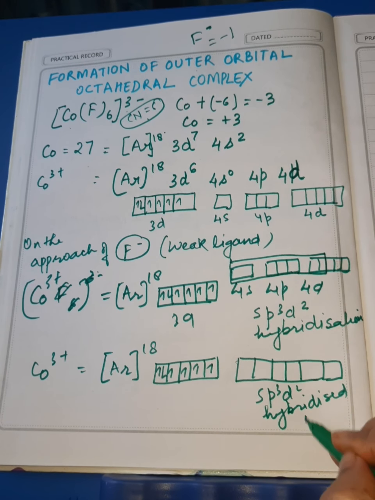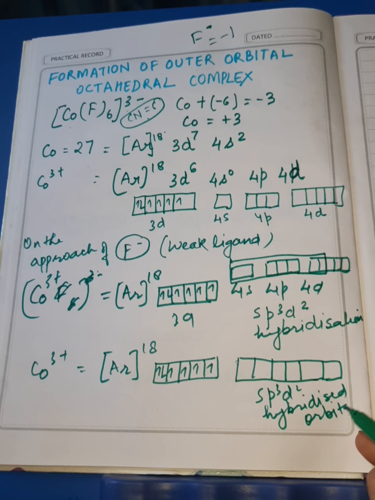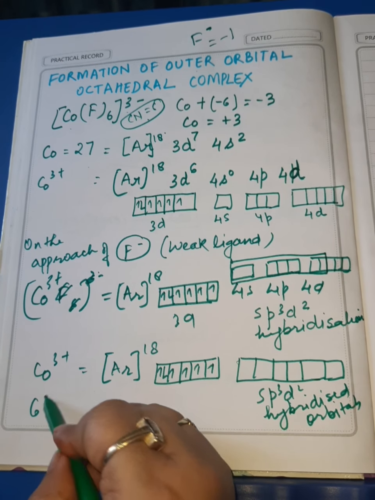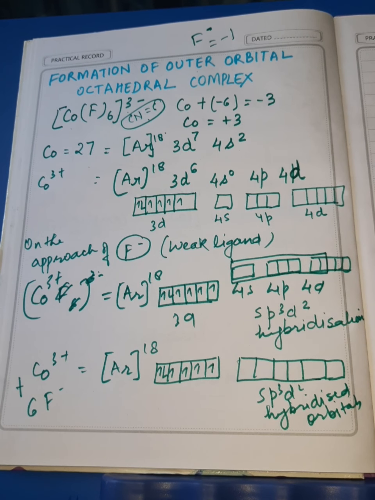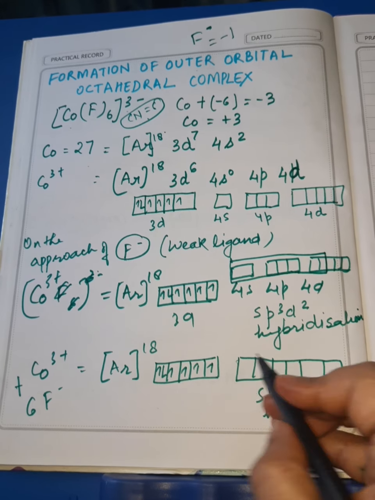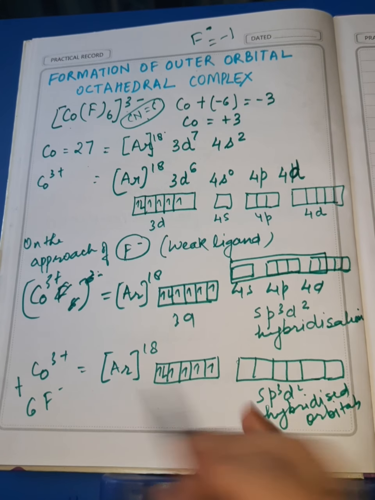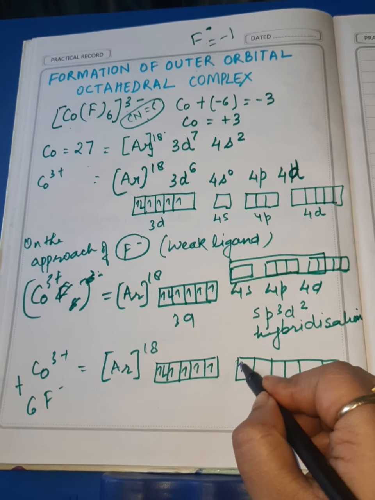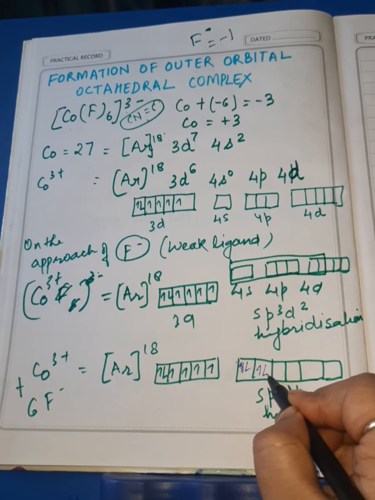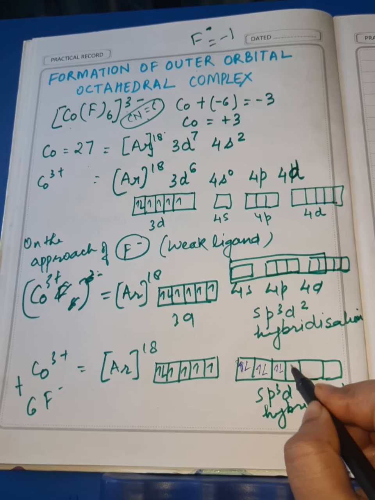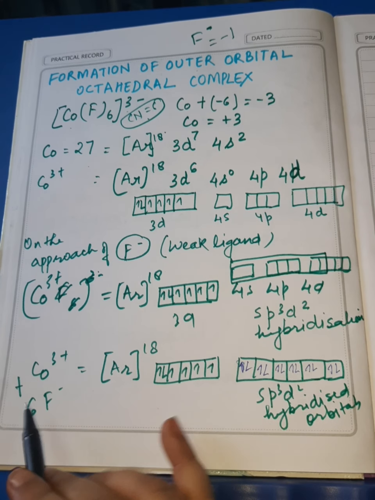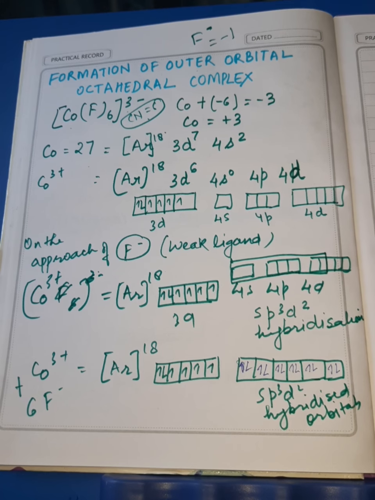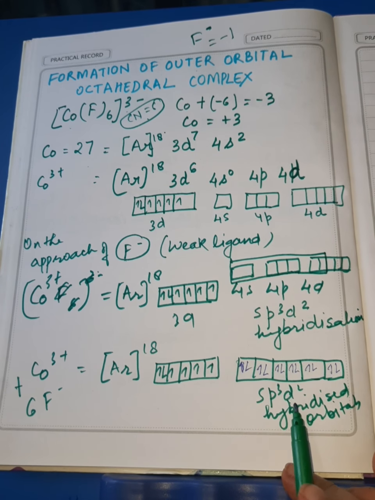Now with these hybridized orbitals 6 F minus ligands combine. When they combine, they donate their lone pair to the Co3+. So on donating, I'll write separately the electrons of F minus. These hybridized orbitals become the electron pair acceptors. So this way, the bonding in Co3+ and 6F minus is completed.